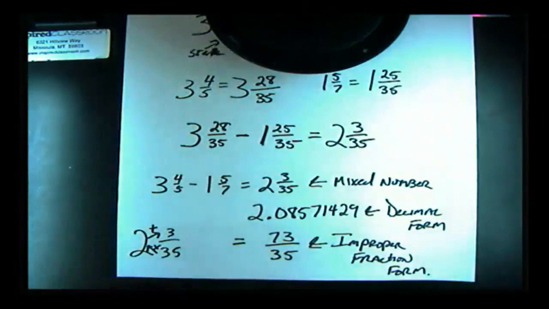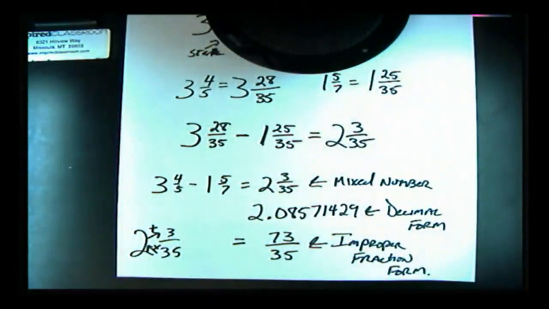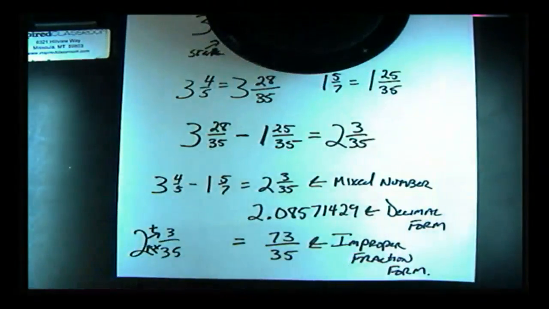And there we've solved that problem. 3 4/5 minus 1 5/7 is 2 3/35.